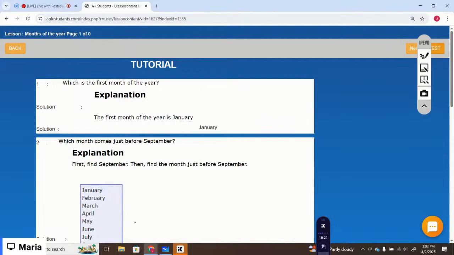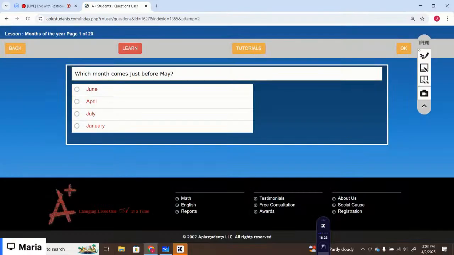Let's just start with the test questions. Which month comes just before May? So just before May, it is April. Option number 2 is the correct option. That is April.